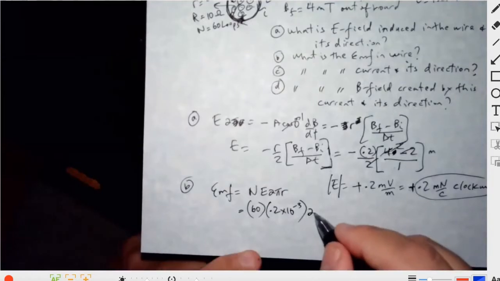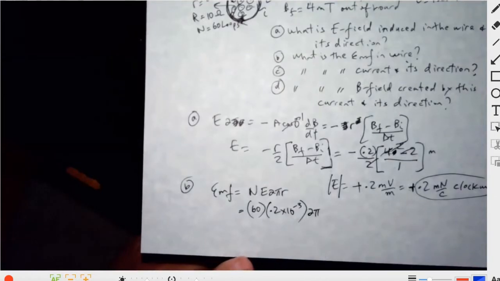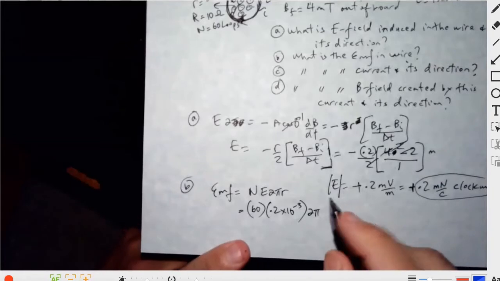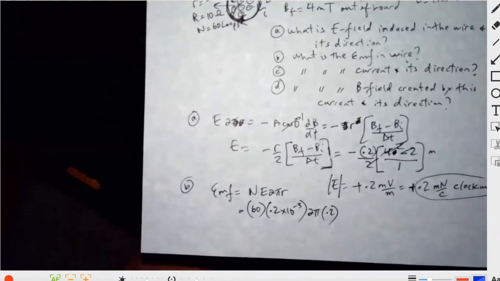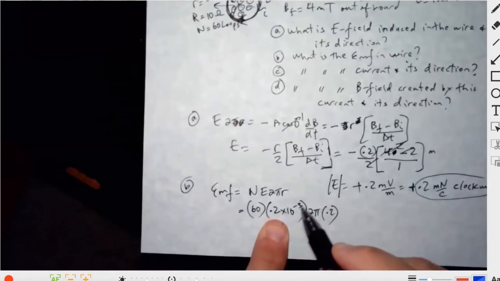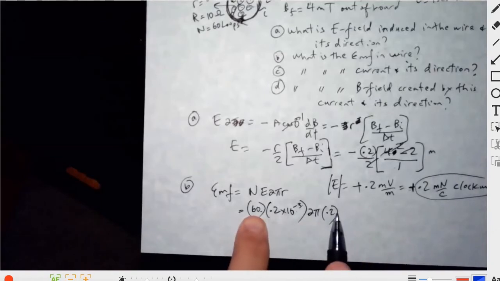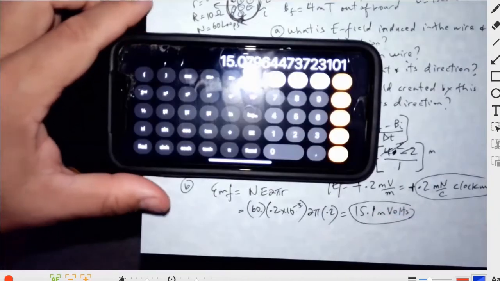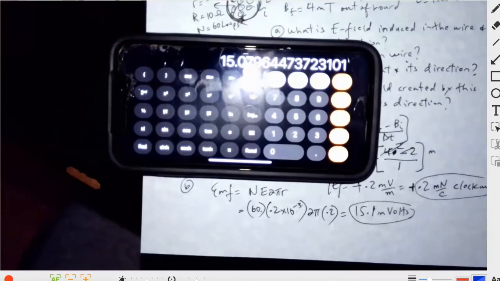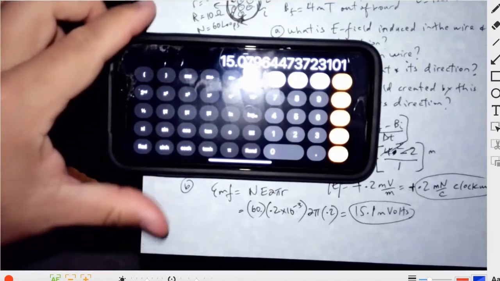And then 2 pi times the radius of the circle, which is 0.2. So this one was the electric field, milli, number of turns. See, by adding more turns, I can create an EMF that's more and more noticeable. It's noticeable, definitely. 15.1 millivolts is the EMF that's induced.